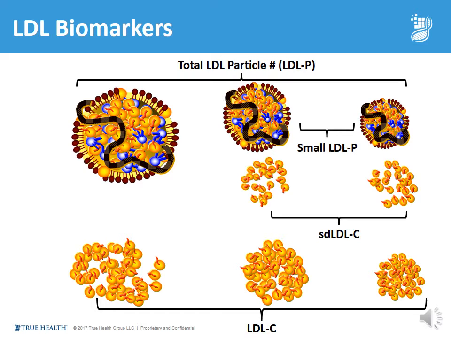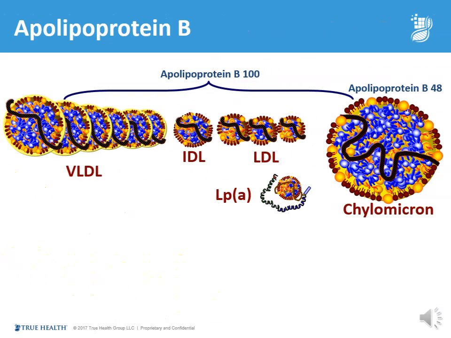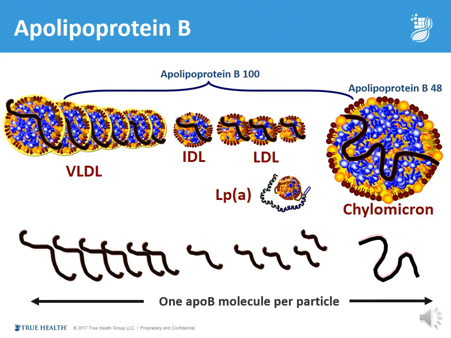Not shown in this diagram, but remember, LDL cholesterol actually consists of small, intermediate, and big LDL particles, but also any cholesterol that might be trafficked in an Lp little a particle, which a person may or may not have.